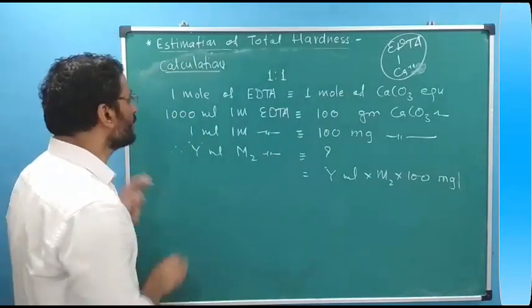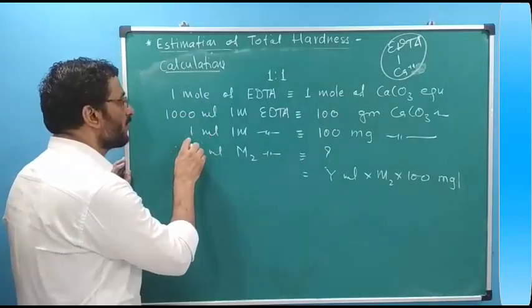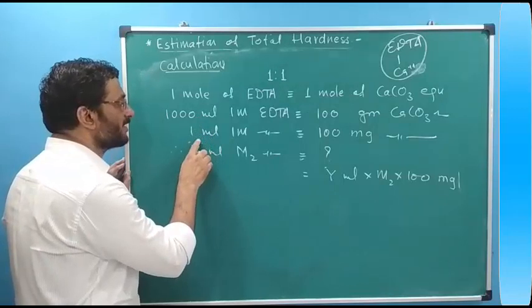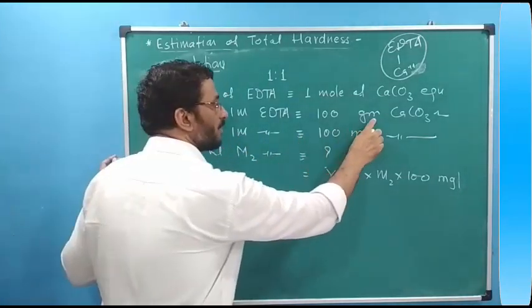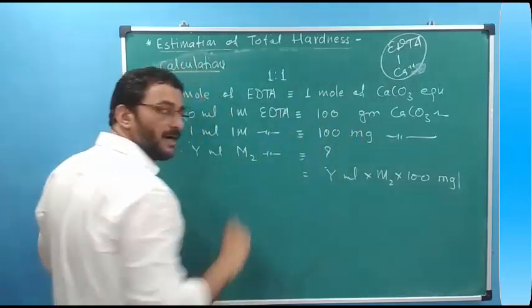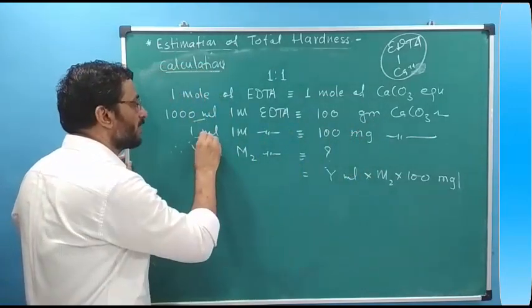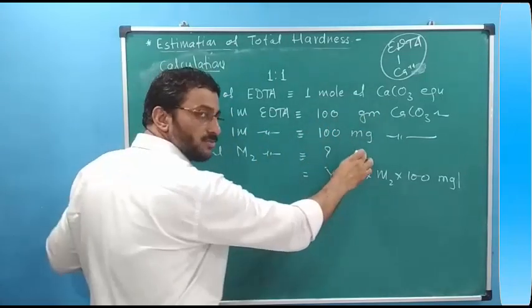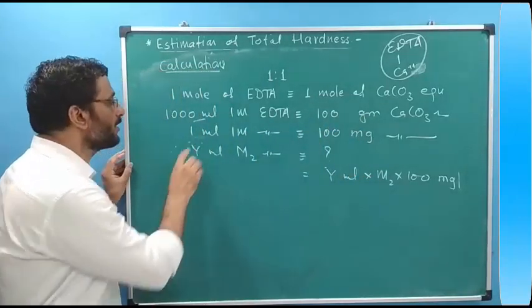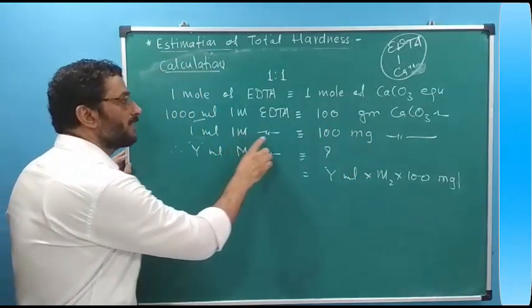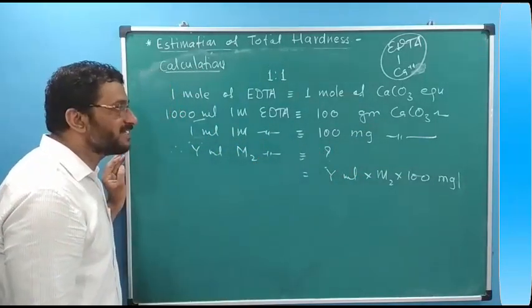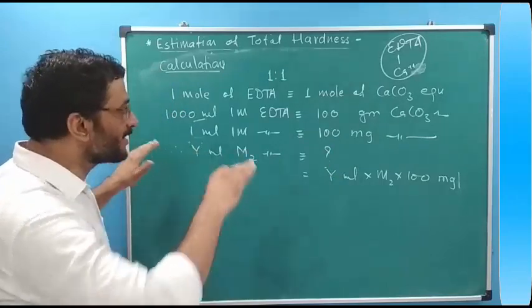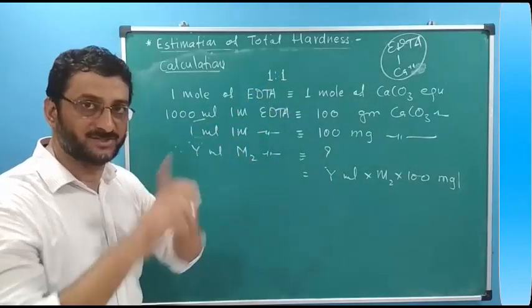Now convert this 1000 to 1 ml, and gram to milligram. So the equation will be 1 ml 1 molar EDTA corresponds to 100 milligram CaCO3. This is the standard equation coming from the 1:1 reaction.